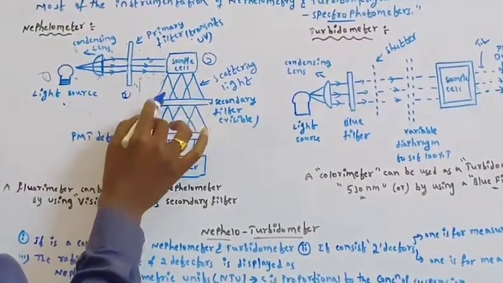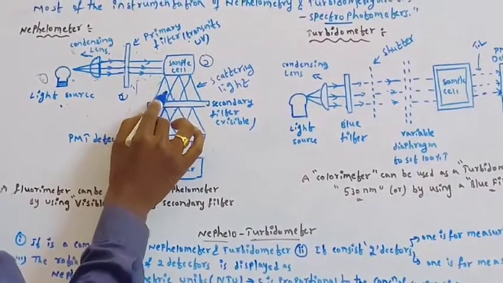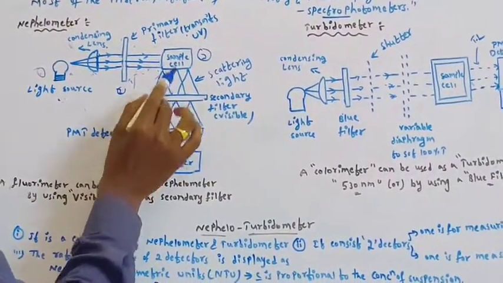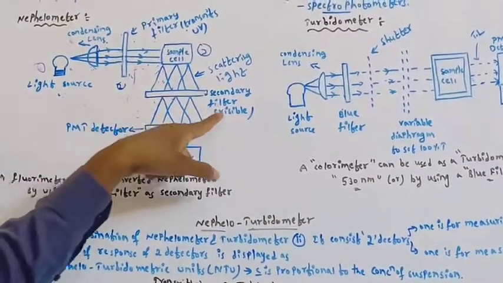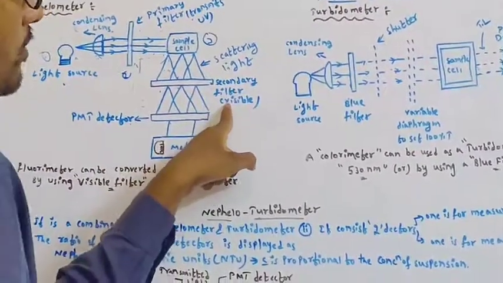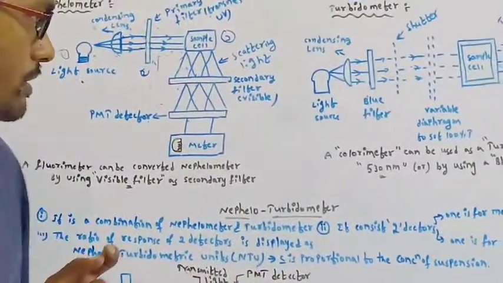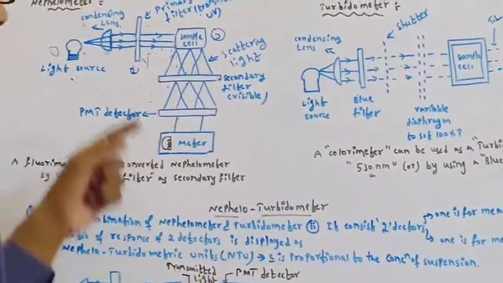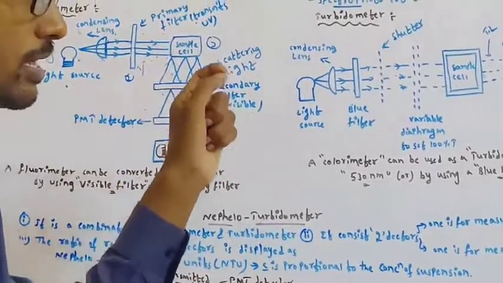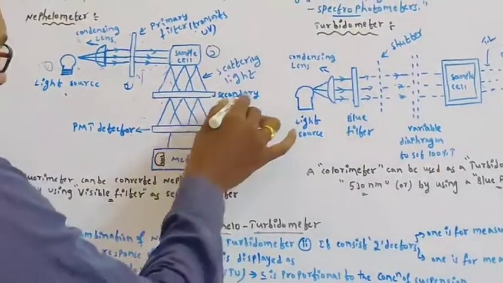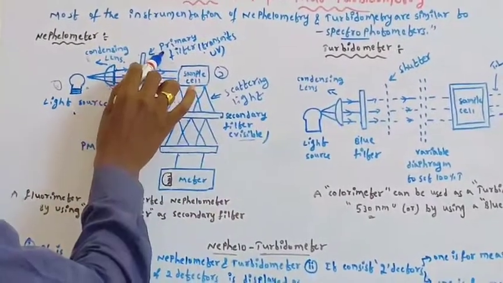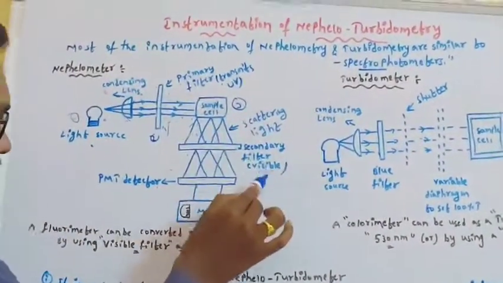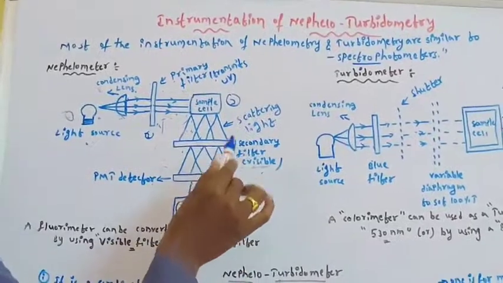Then this scattered light will fall onto the secondary filter, which is known as the visible filter. As we have seen in fluorimetry, we have a primary filter and a secondary filter. Same like that, here the primary filter only transmits UV and the secondary filter only transmits visible radiation.